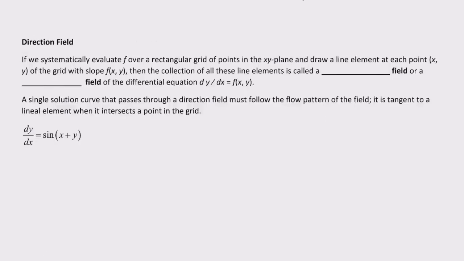Okay, so if we systematically evaluate f over a set of points, and draw a line element for each point, we create a graphic that represents a series of slopes. This collection of line elements we refer to as a direction field or a slope field.